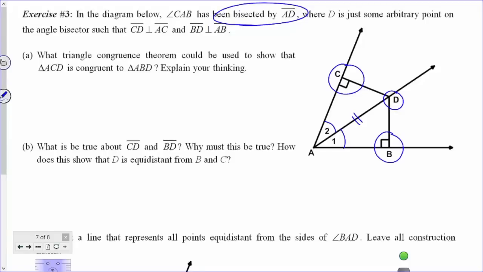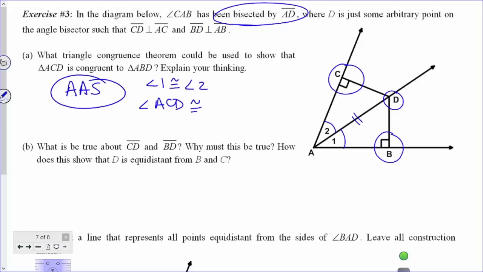So what I'm hoping is that you said it would be the angle-angle-side theorem. The reason why: angle 1 is congruent to angle 2. Angle ACD, that's this one, is congruent to angle ABD, those are the 2 right angles, and then AD is congruent to itself, AD.